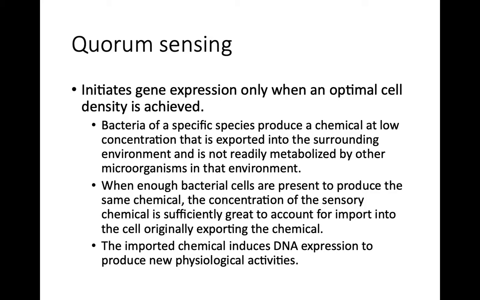Now that there's high concentration of these autoinducers in the environment, it's time for the autoinducers to go back to the bacterial cells and do their thing, which is to facilitate DNA expression. So these autoinducers may serve as promoters or repressors.